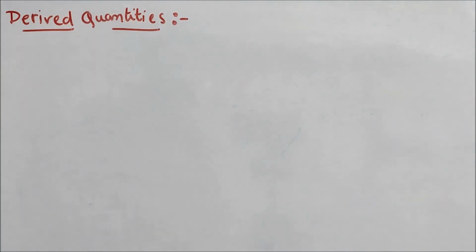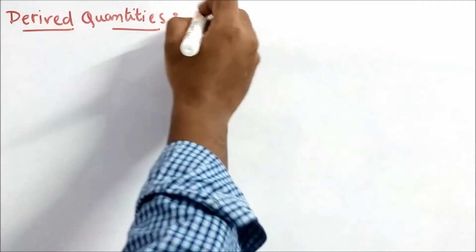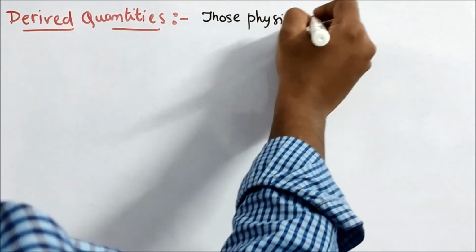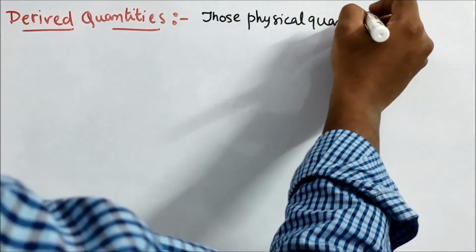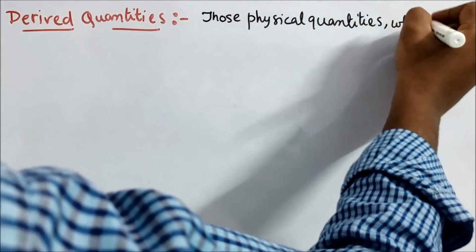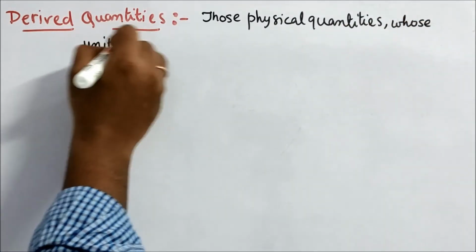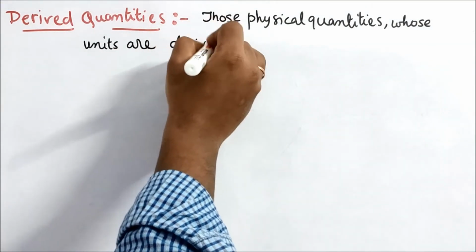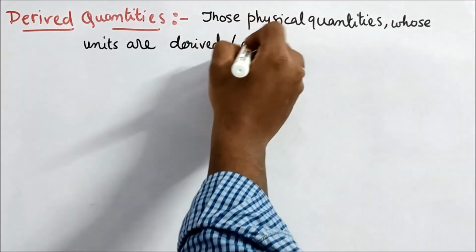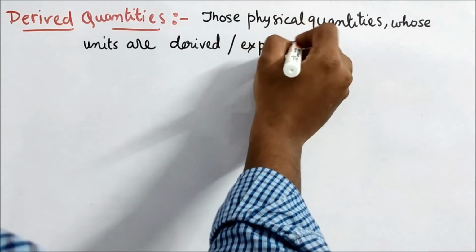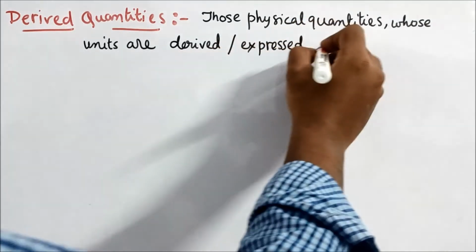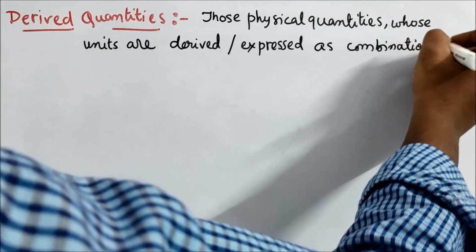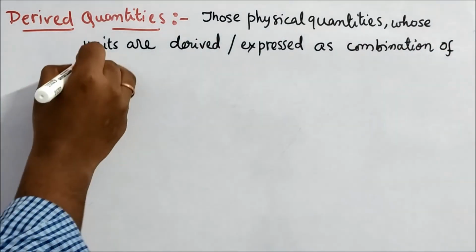Derived quantities are those physical quantities whose units are derived from, or we can say expressed as, a combination of base units.